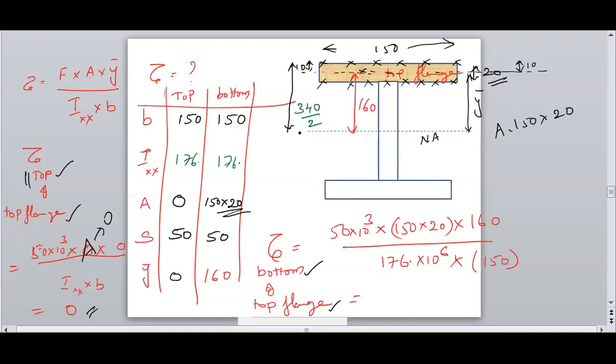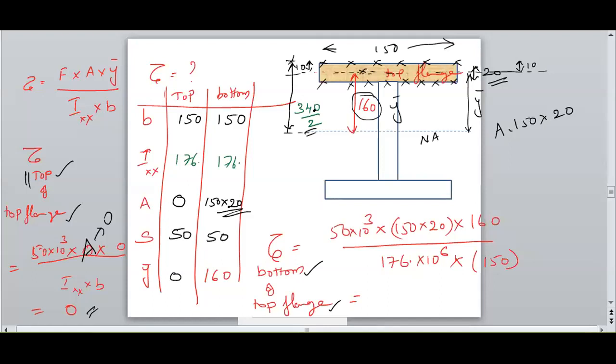So I know this distance as 340 divided by 2, that is from the neutral axis to the topmost layer. Therefore, I will get 160 as the Y bar.